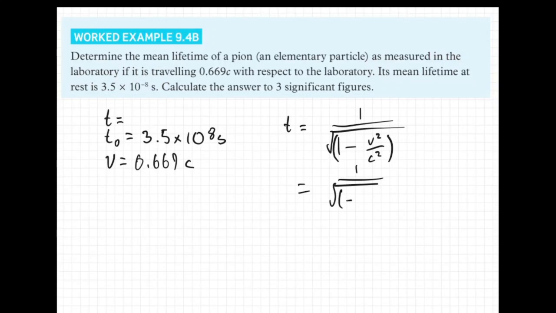We want 1 minus v squared over c squared, which is 0.669 squared. I'm skipping steps, going straight to that. The c squared and the v squared cancel. That's all I need. Let me tidy that up. That was messy.